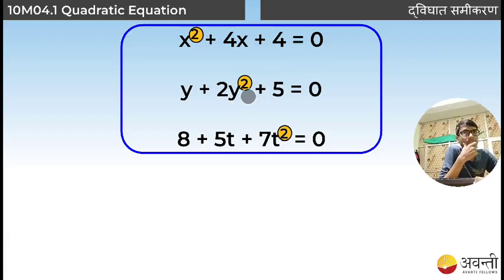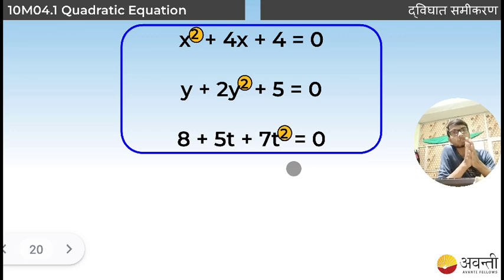This will come firstly, then this secondly, then this in the third position. This will come firstly, this is already at the second position, this will come here. That is how it is arranged. The highest exponent will come first, then lower, then lower still.